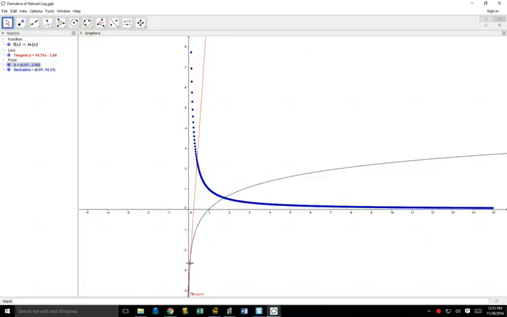If I kept going down, there would also be an asymptote at x equals 0. It gets steeper and steeper and steeper, but it will never go into the negatives because we're never going to have a slope that's going in the negative direction.